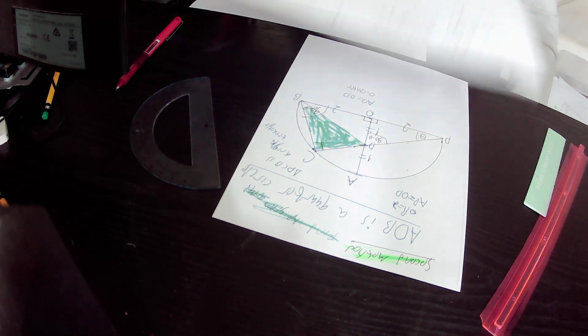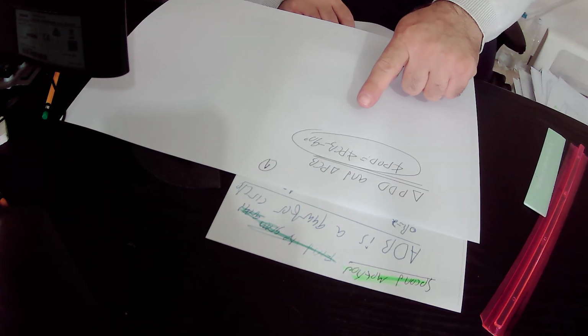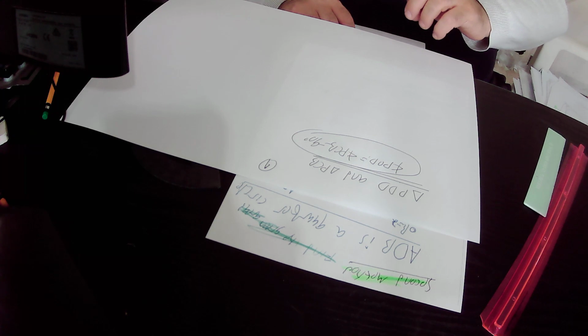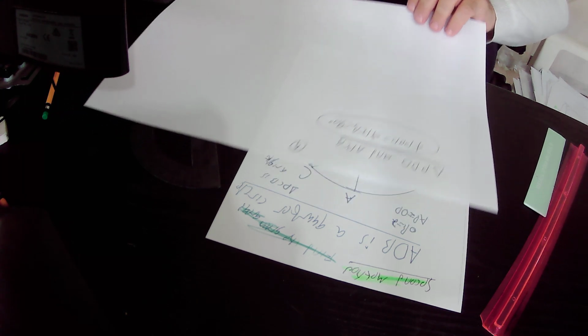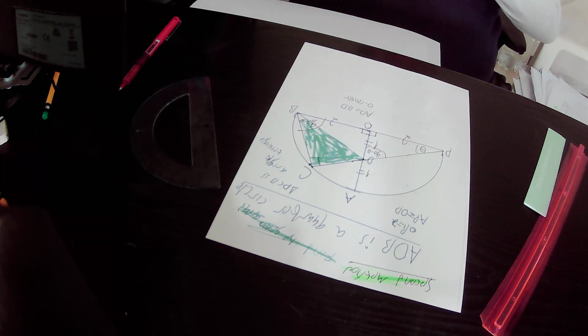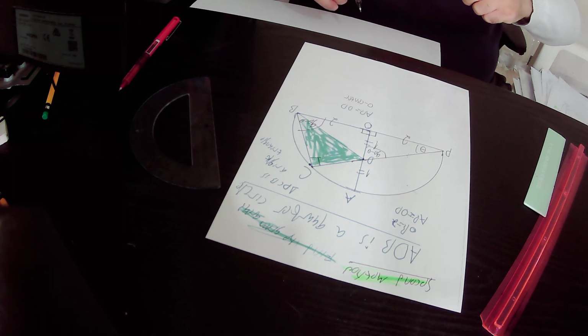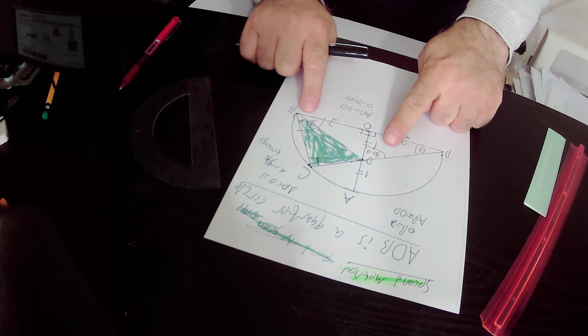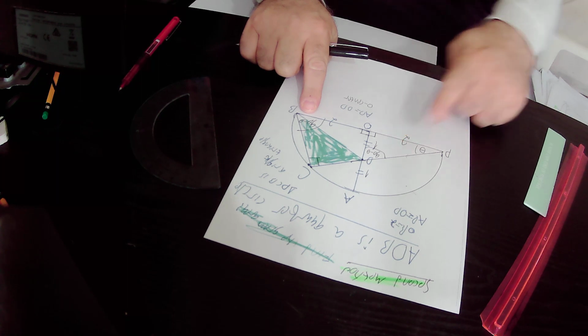I repeat again, angle POD equals angle PCB equals 90 degrees. So here, in addition, we have those two angles, they are both equal to 90 degrees minus theta, therefore they are equal to each other.